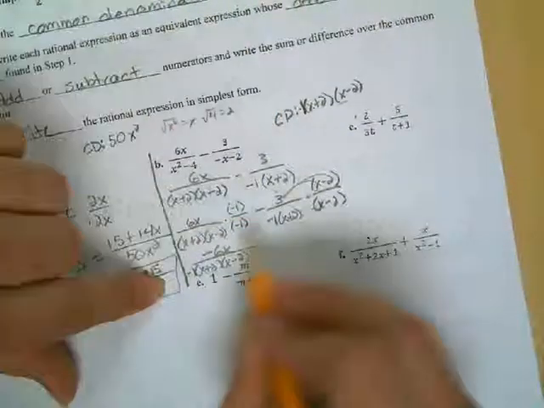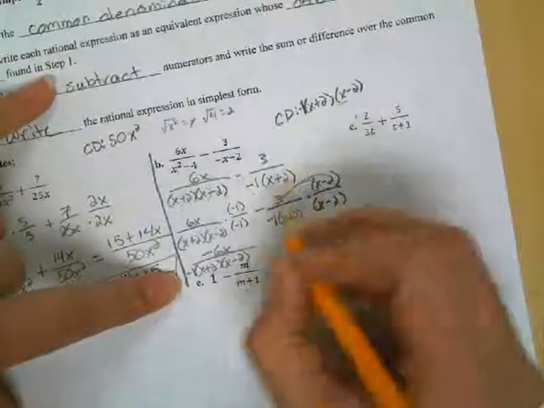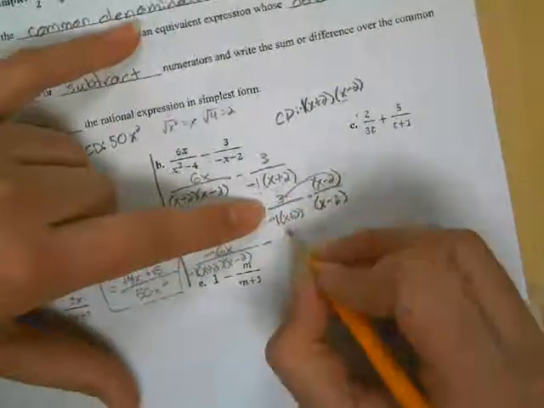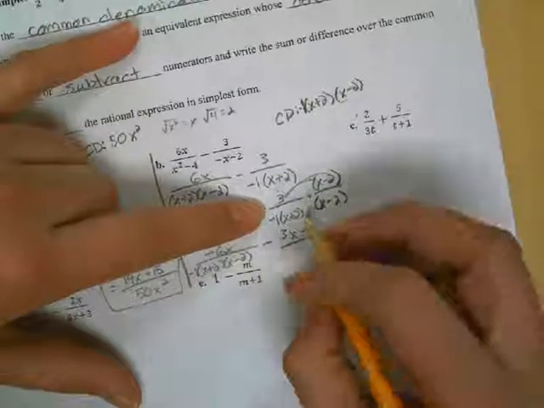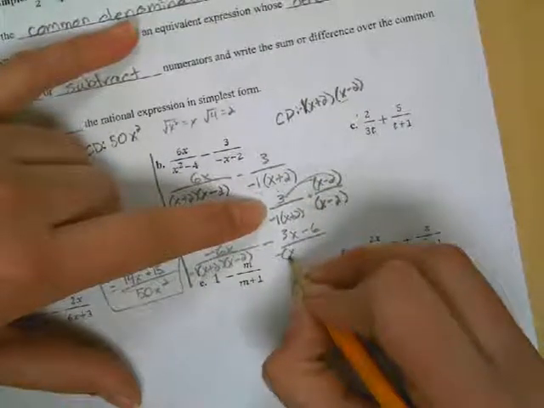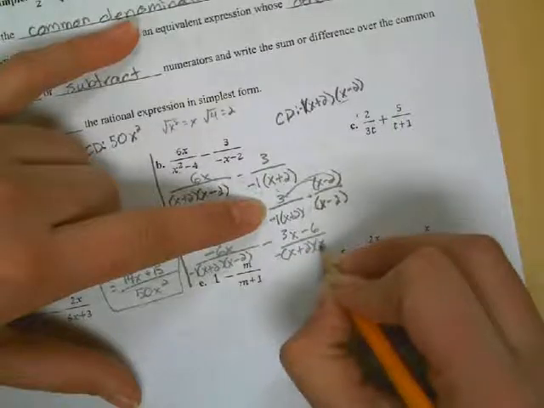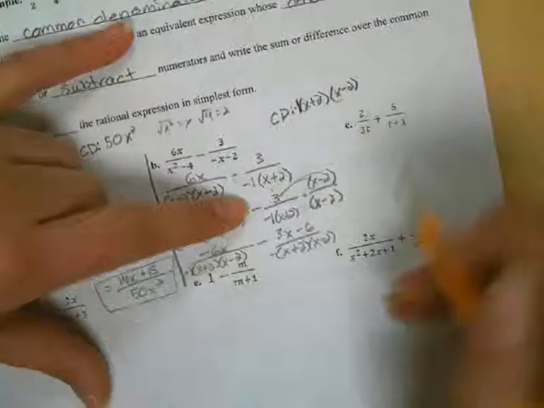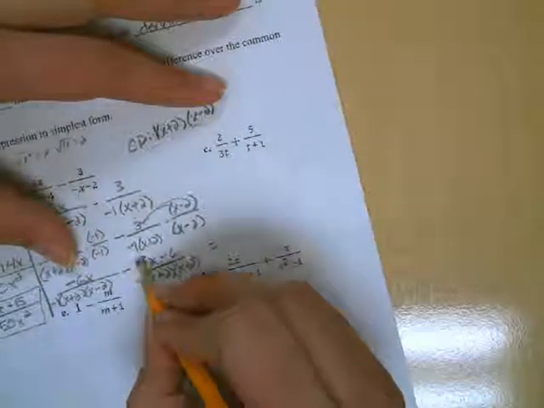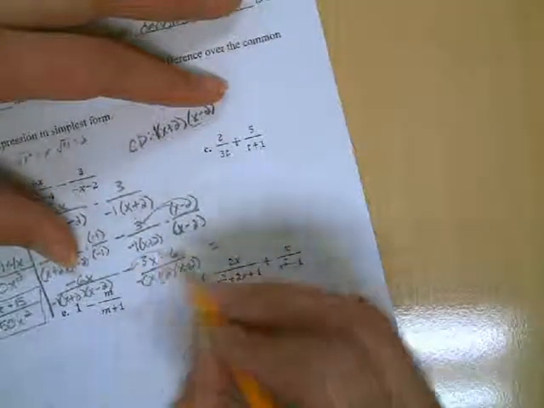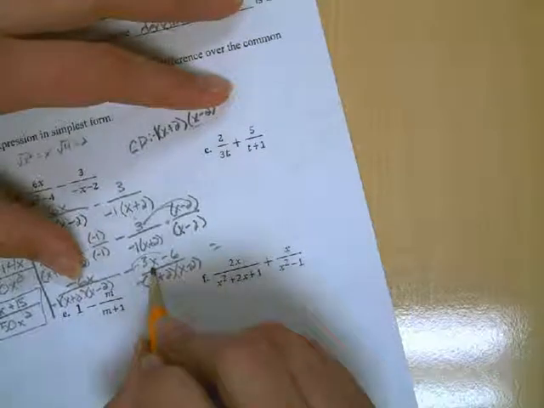Okay, and then we've got minus 3x minus 6 all over negative 1, x plus 2, x minus 2. Now this last step, we need to actually put them together. Remember to distribute that negative. So negative 6x minus 3x is negative 9x.